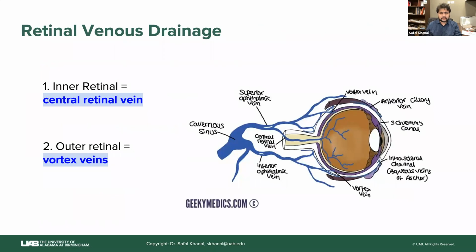Now, venous drainage is either through the central retinal vein to the superior and inferior ophthalmic veins, or through the vortex veins. Mostly from the outer retina, it is through the vortex veins. For the inner retina, the drainage is through the central retinal vein.